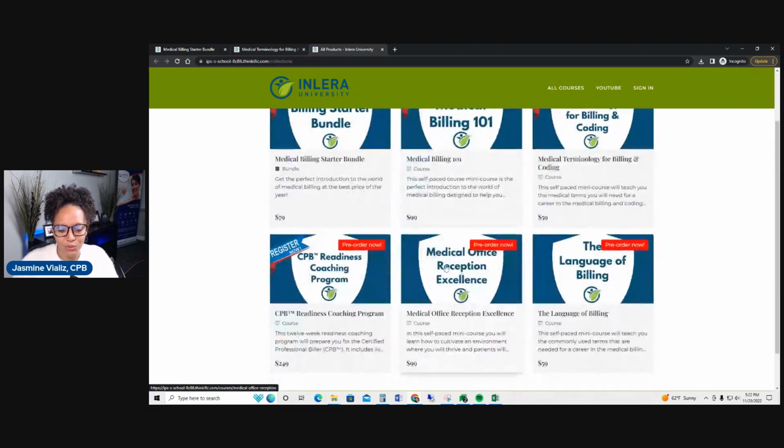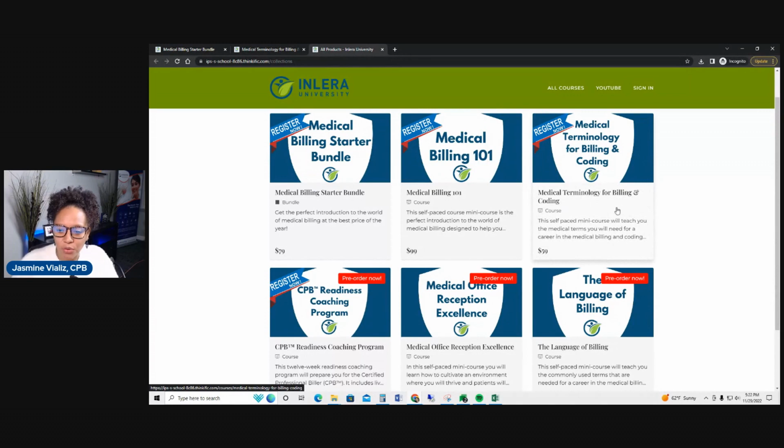Going back to this particular course, Medical Terminology for Billing and Coding, is going to have another add-on course that is going to go along with it, and that is our Medical Coding 101. You're going to see that one release here shortly in the next few days, so keep an eye out for that. So this will also be bundled with that Medical Coding 101, so the language along with the foundation in coding.